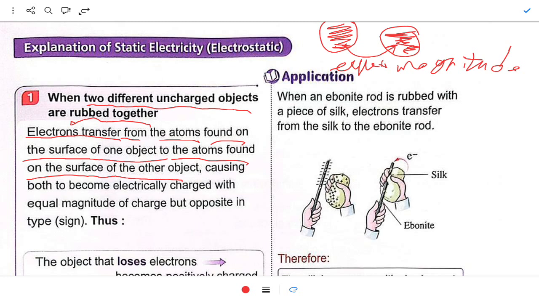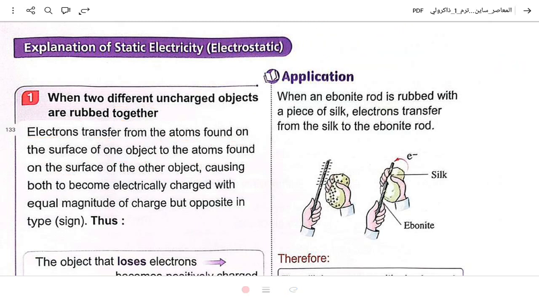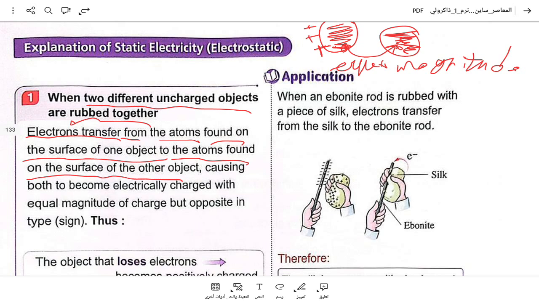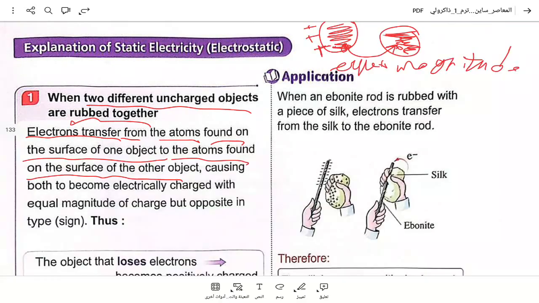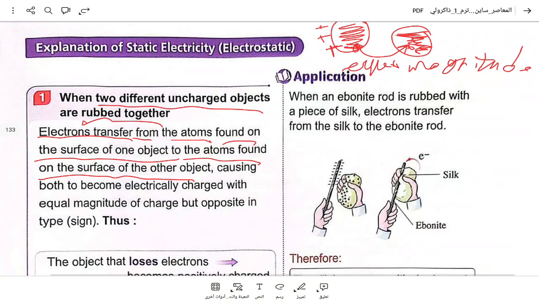When the electrons come from here to here, this object will be positively charged because it loses electrons, and this object, which gains the electrons, will be negatively charged.